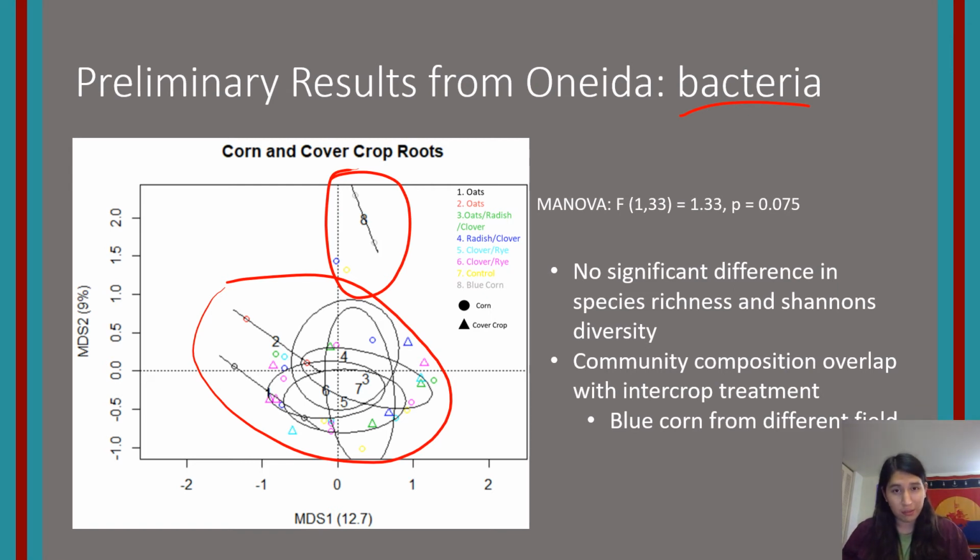They're all somewhat similar, and the reason for that probably is just because when we look at these treatments right here, there's not really any sort of what we call factorial design.